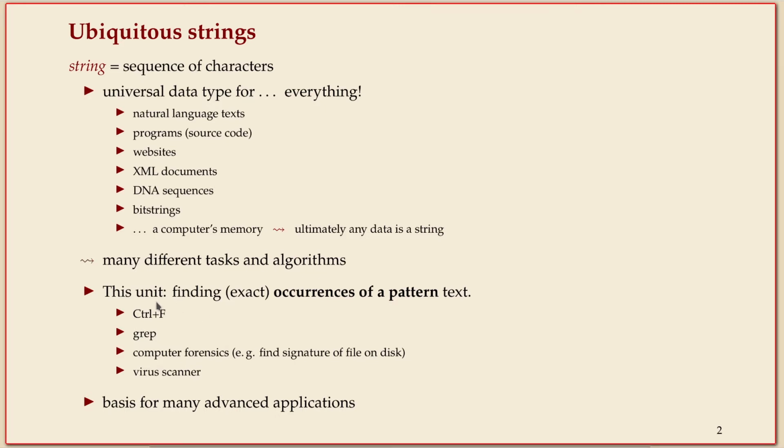In this first unit, we'll look at finding in one long string, which we will call the text, a pattern. And the pattern is really just another string. So think of finding all occurrences of, say, love in the works of Shakespeare. That might be one example.